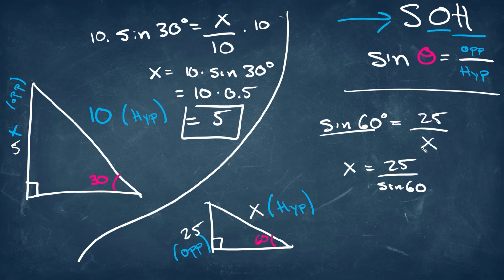Given that this is x, we can swap out these two numbers, putting x on top and sine of 60 on the bottom, and it will give us the same answer here. Simplifying this is going to give us a value of 25 over 0.866, which will equate to the hypotenuse being 28.87 as our final answer.